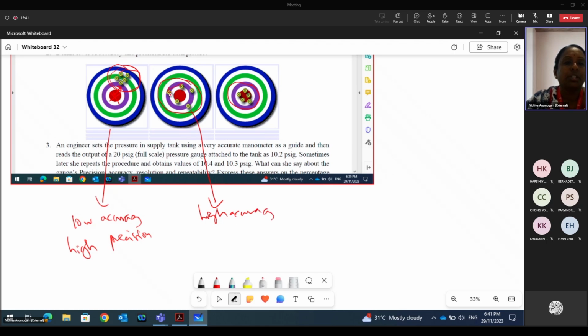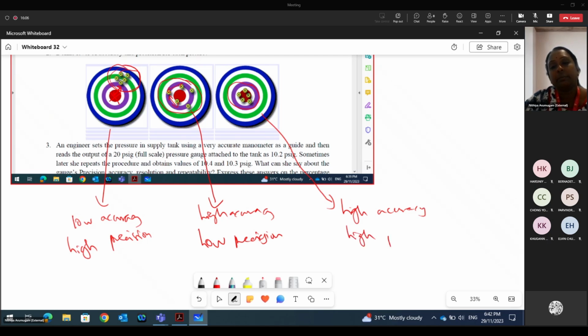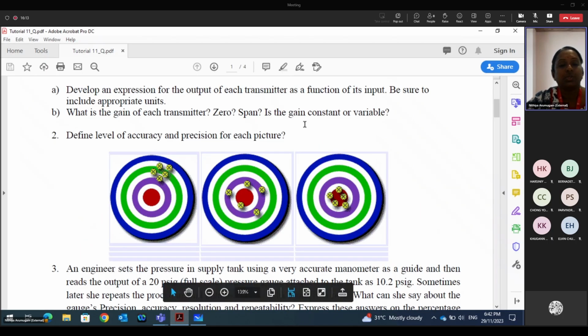But talking about the distance between each point, it is low precision. And the last feature is very close to each other and very close to the target or the center. So we say that is high accuracy and high precision. Okay, so this is about question number 2.